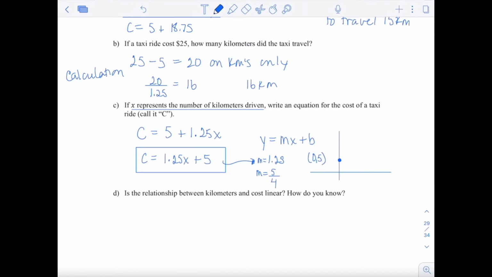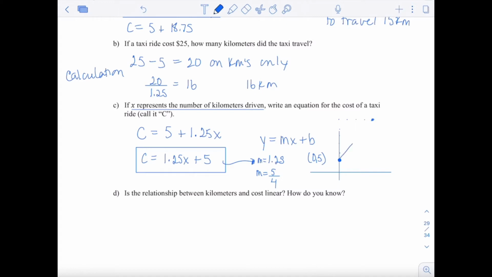I don't expect you to know that, but I'm just making a point here. So I know that my slope is going to be 5 units over 4. I can see that my slope is 5/4. What that means is a rise of 5 and a run of 4.